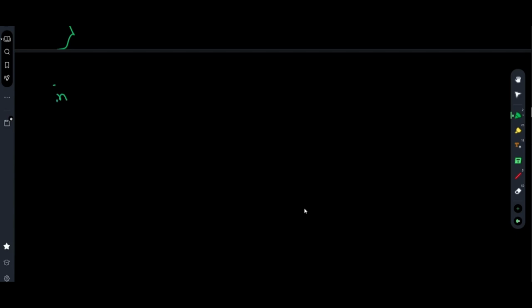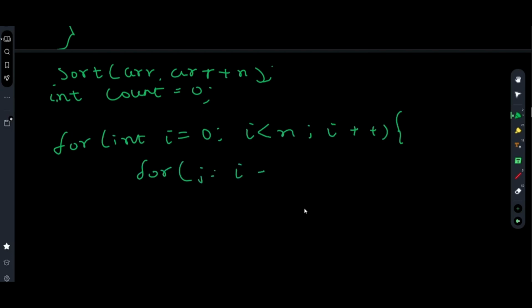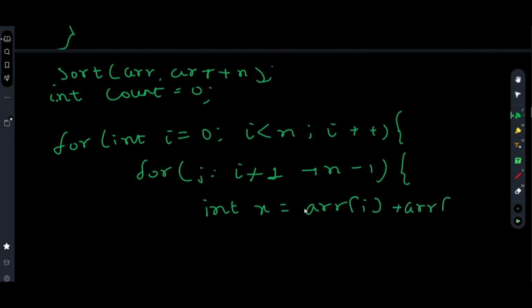So you see, you initialize a count. First you sort the array. Now you take two integers, int i equal to 0, i less than n, i plus plus. You take the second index j, i plus 1 to n minus 1. The two numbers are taken. So you have to search for the sum: arr of i plus arr of j.